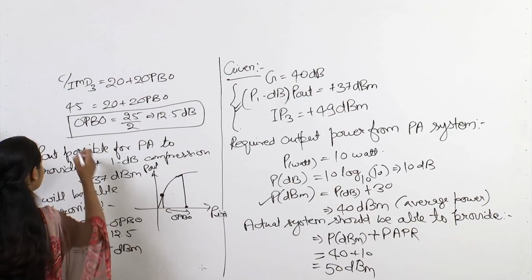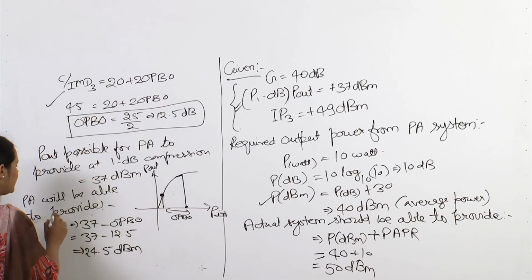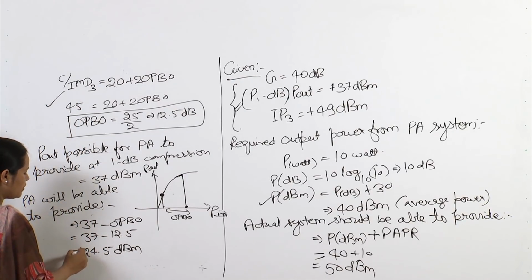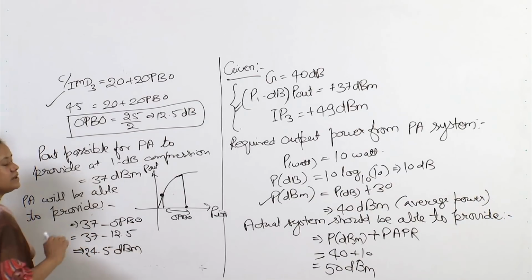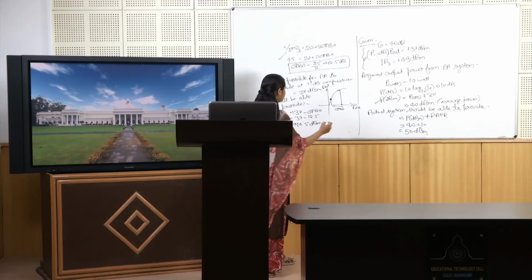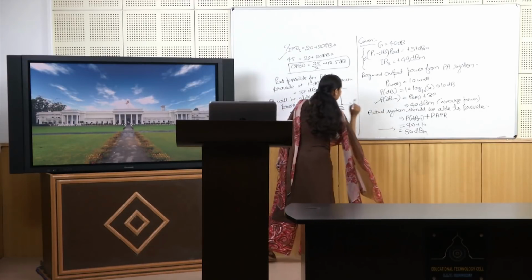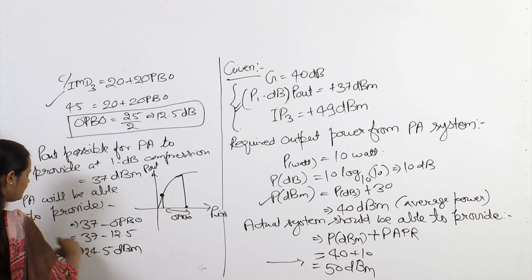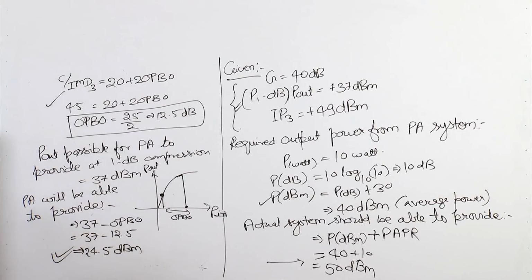So, to maintain this linearity requirement, the individual power amplifier will be able to provide 24.5 dBm power only. Now, how much power do we require? This much. And how much is this providing? A single PA is providing this much. Now, keeping this in mind, let us move forward with this calculation.